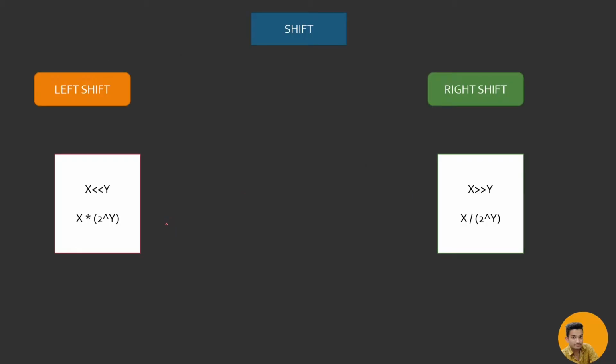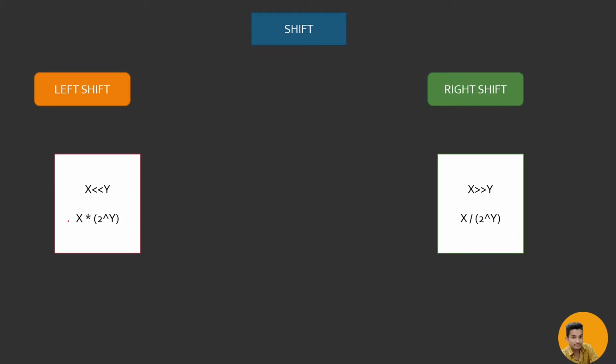Let's first understand what a shift is in this binary world: left shift and right shift. These are two types of shift. Say x left shifted by y, these are shift operators.